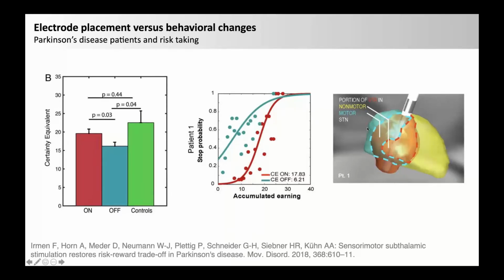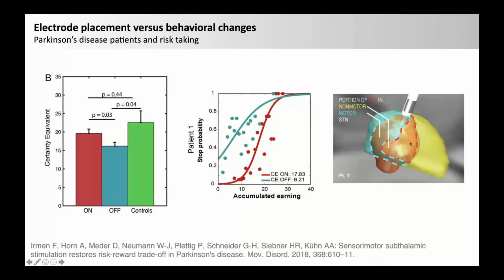So Parkinson patients are more risk averse here in general, but once their electrode is switched on, they seem to normalize. And this can be partly due to the VTA, the volume of tissue activated by the DBS electrode, which for this patient, for example, was not only hitting motor areas of the STN, but also non-motor areas.